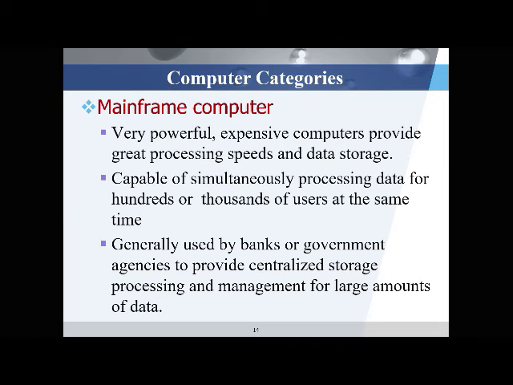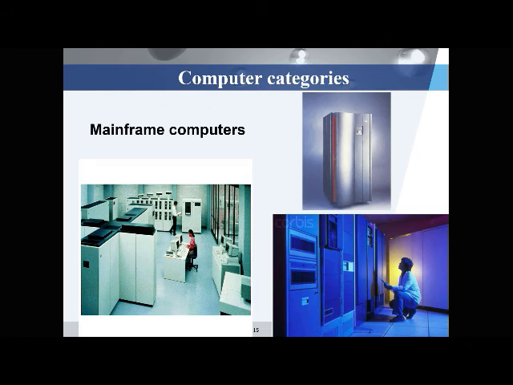And the second type of computer is called the mainframe. This is not as powerful as the supercomputers, but it's still very powerful, and also very expensive. It can provide great processing speeds and data storage. And this type of computer is used in big firms like banks or telecommunication companies. They prefer to use this type of computer to provide tremendous computation power.